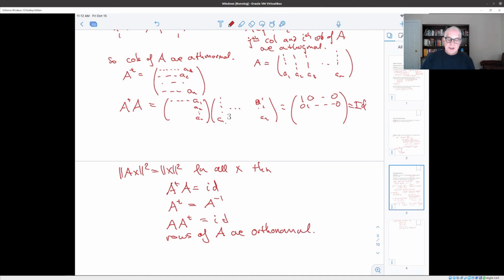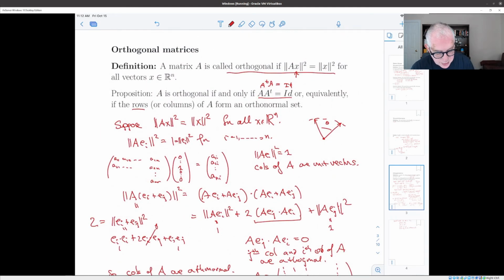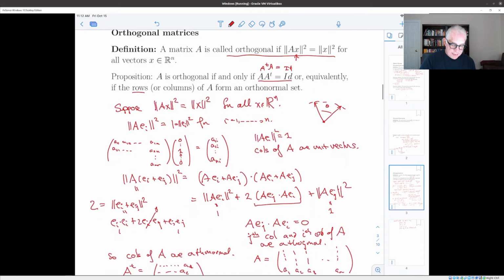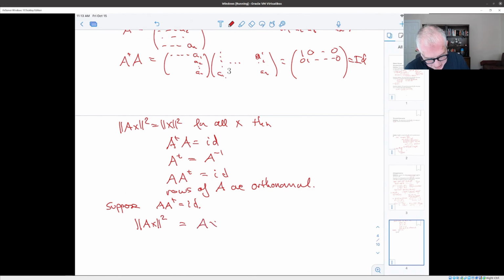So we've shown one direction of our if and only if proposition, namely we've shown that if the matrix is orthogonal, then A transpose A is the identity, and the rows and columns of A form an orthonormal set. What about if we go in the other direction? So suppose A transpose A equals the identity. So we want to know, what is the norm of Ax squared? Or what is the dot product of Ax dotted with Ax?